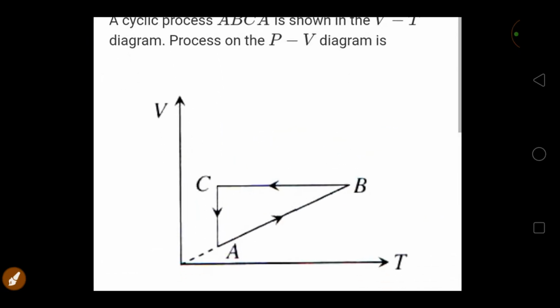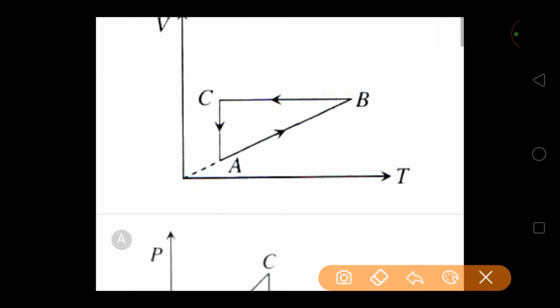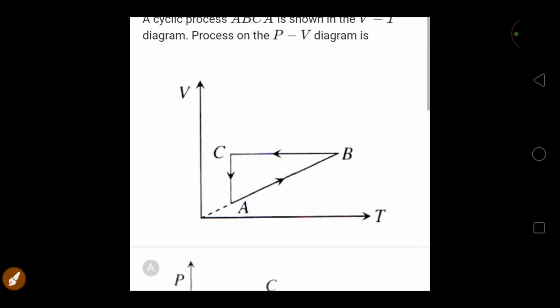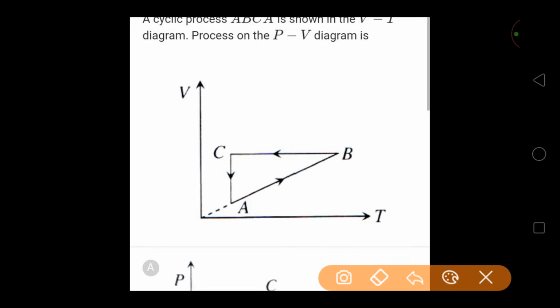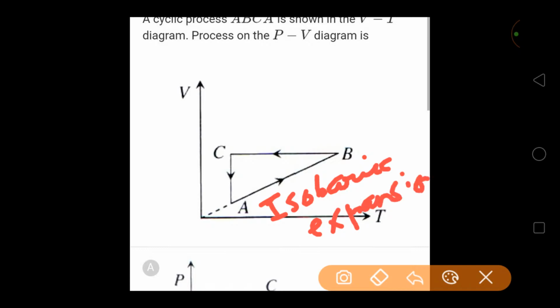So a cyclic process is given, a PV diagram. So A to B, what process is it? A to B is an isobaric process. Isobaric expansion because volume is increasing.